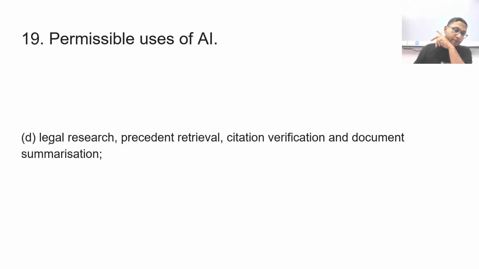AI is permitted for legal research, precedent retrieval, citation verification, and document summarization. All these things are natural language processing tasks, and AI, particularly large language models, excel at such tasks. But of course, all of this has to be passed through a human being for verification.